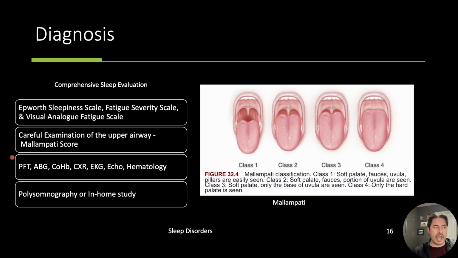What can happen is carbon monoxide, or carboxyhemoglobin, takes the place of where oxygen can bind to that hemoglobin. Let's say that a patient's saturation is 90%. Well, if their COHb is set at 7%, right?